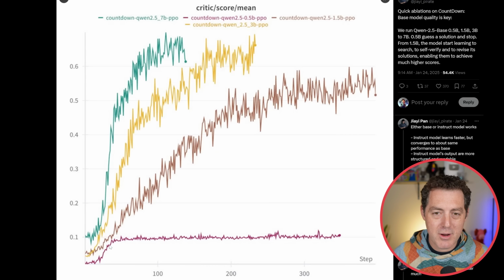So that's what we're seeing right here. This maroon color line is the 0.5B, the model that wasn't good enough to quite reach that thinking capability. So what we see is a little bit of an uptick in performance, and then it flatlines. However, the other ones really jumped up high, and as we see, the bigger the model, the better their performance overall. So the starting quality of the model is really important.